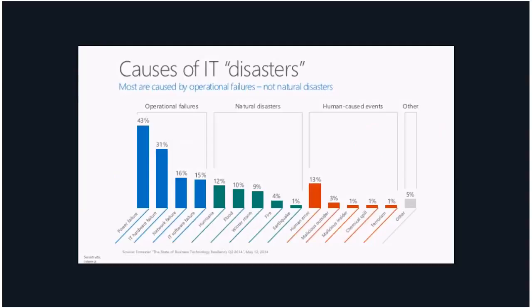But it's interesting to see that human error is actually even more of a factor than what we deem as an actual natural disaster affecting our data centers. So like we said, power failures, hardware issues, but also human error, we have to account for specifically.